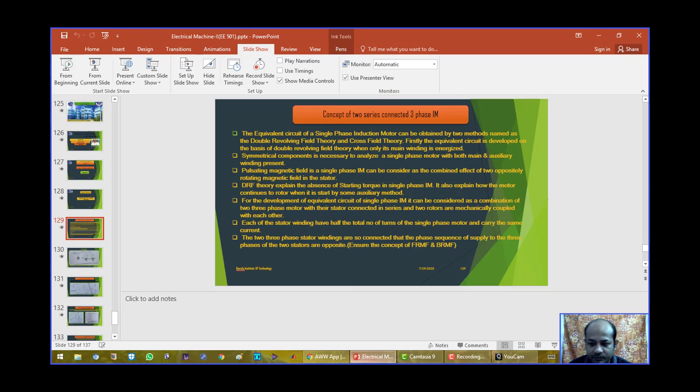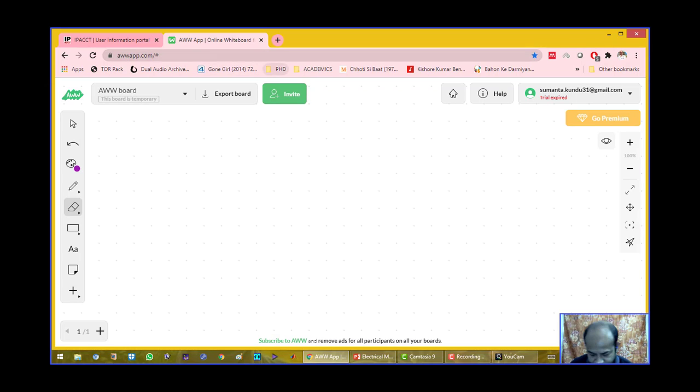So till now, whatever we have taught in our single phase induction motor theory, we have seen that the principle of operation of single phase induction motor can be described by double revolving field theory.